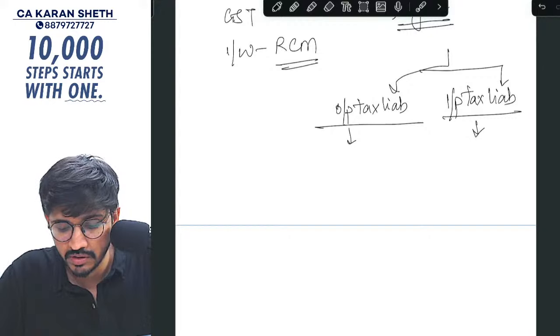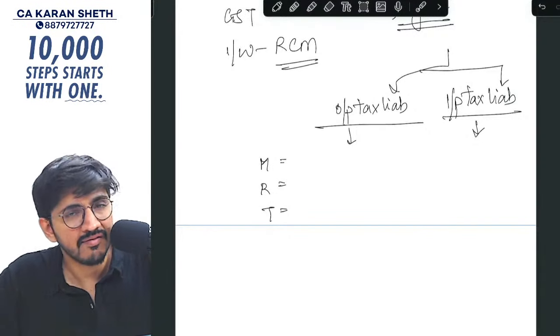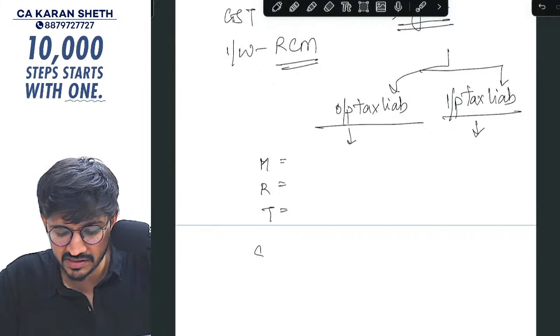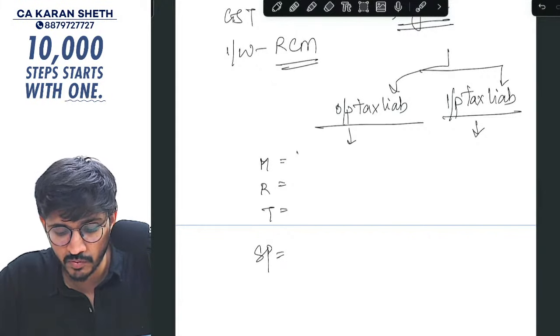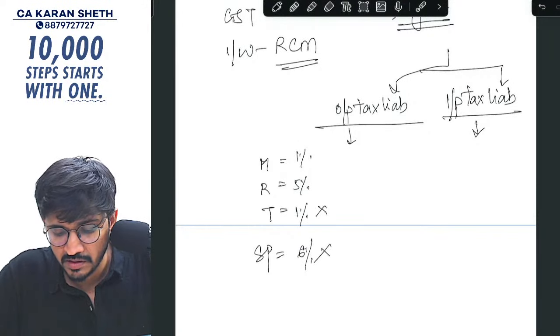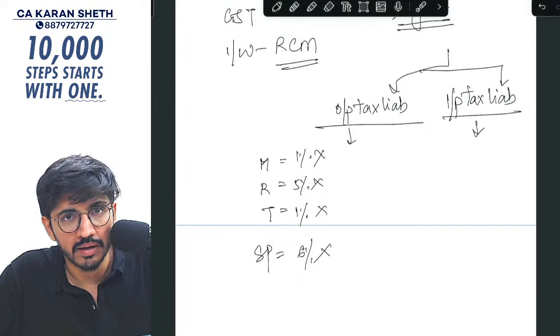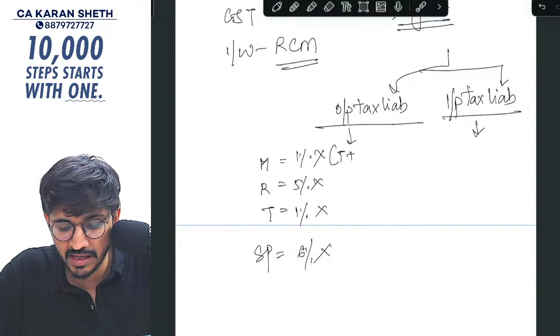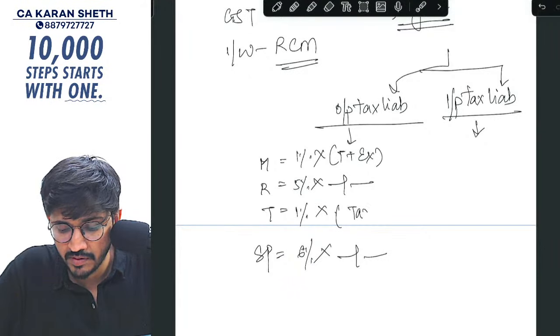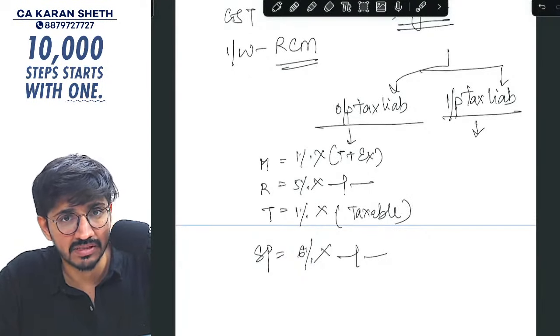All you have to focus on is just check whether you are a manufacturer, a restaurant or a trader. If you are a manufacturer, 1%, 5%, 1%, 6%. You will multiply this with your outward supplies, which generally turn out to be taxable and exempt. This is the same for a restaurant, this is the same for a service provider, but only in case of a trader you will multiply it with taxable supplies.